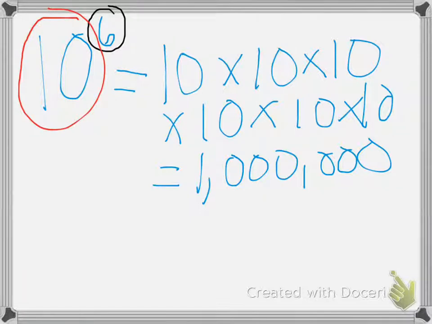The exponent, so the 6, tells us how many times the base is multiplied. When the base is 10, the number is called a power of 10. So, our base was 10, our exponent was 6. We multiply 10 by itself 6 times. 1, 2, 3, 4, 5, 6.